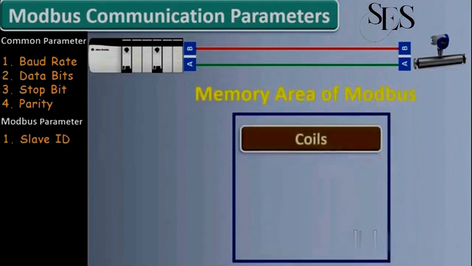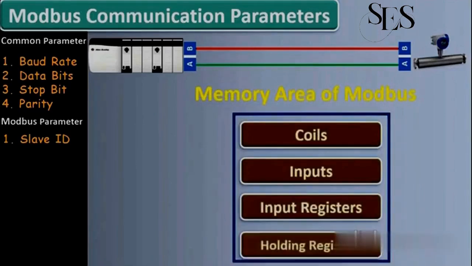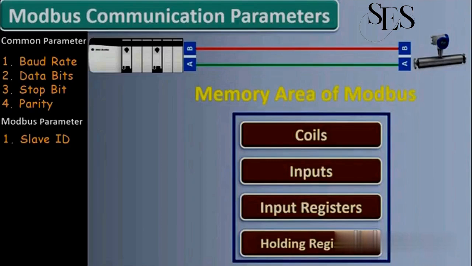The memory area of Modbus consists of four parts: coil, input, input register, and holding register. At the start of the video, as I have told you, Modbus was introduced by Modicon.